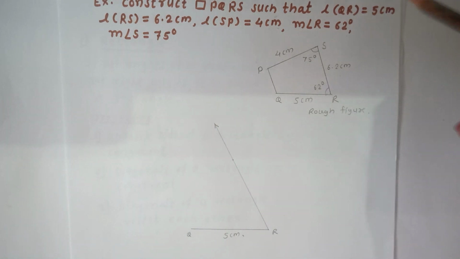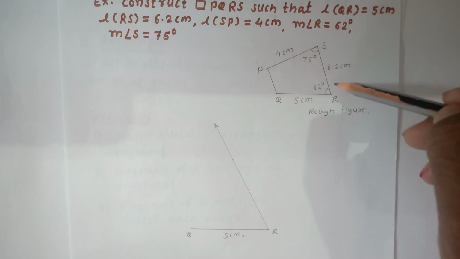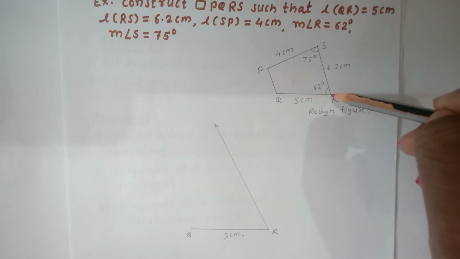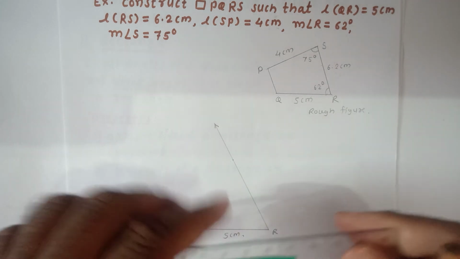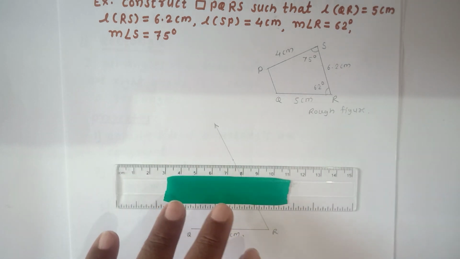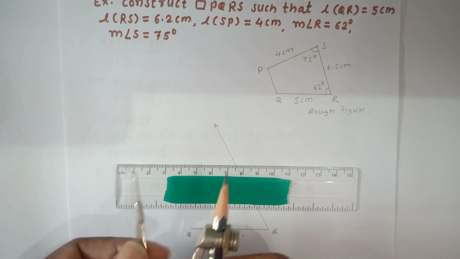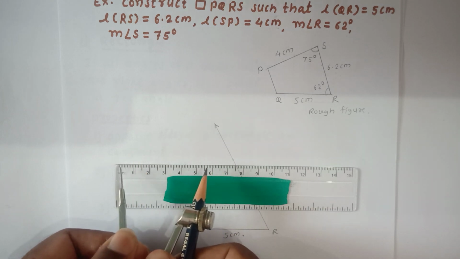Now length RS is given 6.2 centimeter. So in a compass take distance 6.2 centimeter.